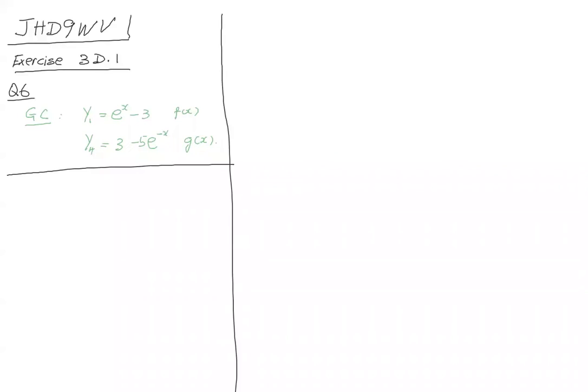Okay, so for part A, just to make sure everyone knows. If I want to find the x and the y intercept, what should I do? Hao Xuan? Sorry? If I want to find the x and the y intercept, what should I do for f(x)?